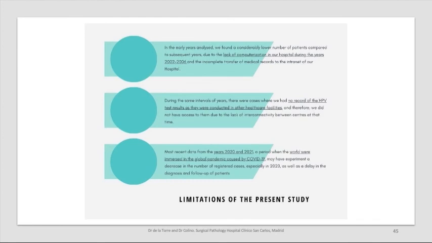This may have led to a decrease in registered cases, particularly in 2020, and a delay in diagnosis and patient follow-up. However, since the study is conducted in 2023, it is considered that not enough time has passed for underdiagnosed or poorly followed-up patients in 2020 to have developed high-grade lesions or squamous cell carcinoma.